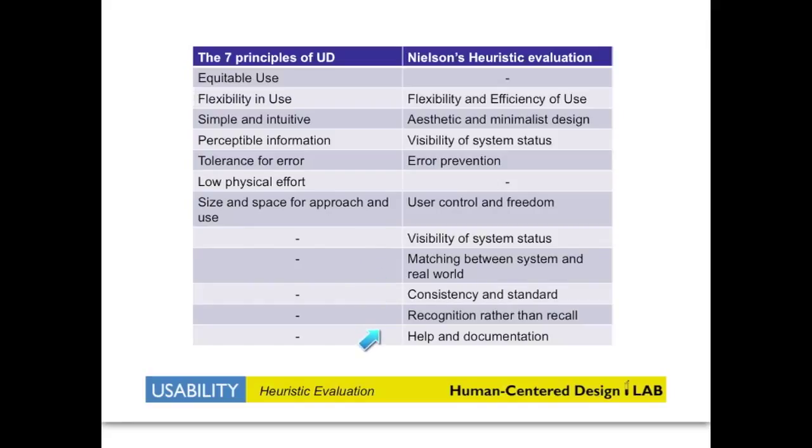I think the 7 principles of universal design talk more about ergonomics, like low physical effort or size and space. But in Nielsen's, most of them are quite related to cognition or psychology, like in terms of visibility, in terms of consistency, recognition, memory, and help.